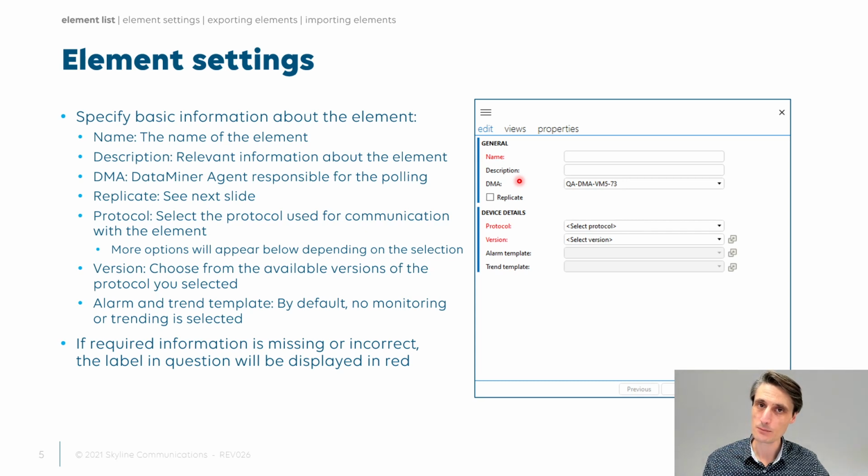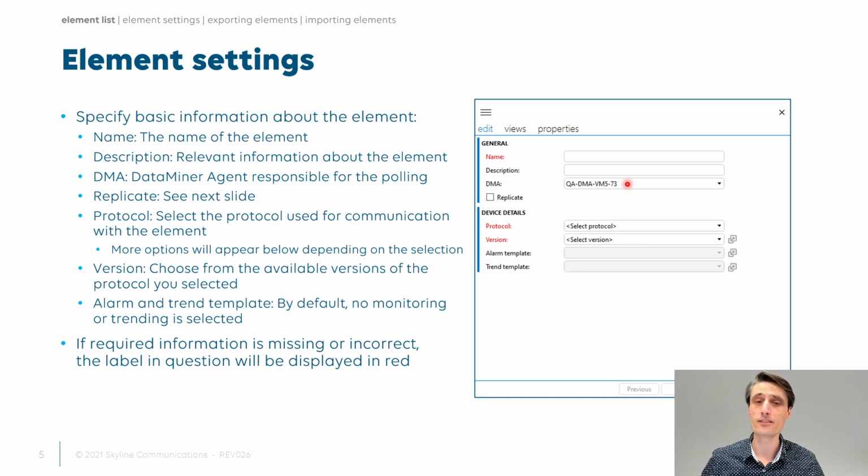While when you're adding one specific element to a DataMiner system, you need to choose on which node you want to install it, because there's going to be one DataMiner node that is going to be responsible for pulling that data source, getting that information into the DataMiner system, and also keeping track of all the alarms it is generating and the trending. So that's going to be an important choice. So typically you will choose a node that still has, of course, sufficient capacity to handle another element.